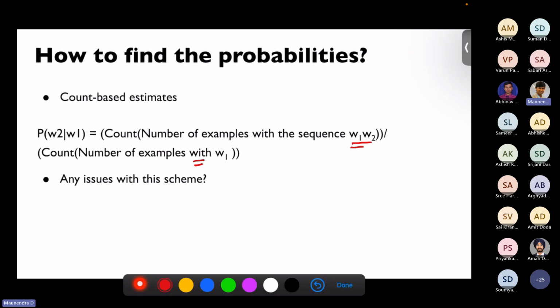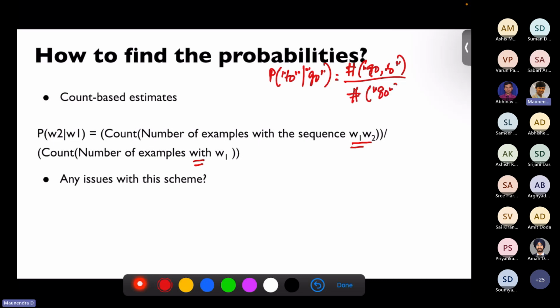So for the probability of to given go, how many times we have the phrase "go to" in the collection, divided by how many times we have the first word, go, as the denominator.